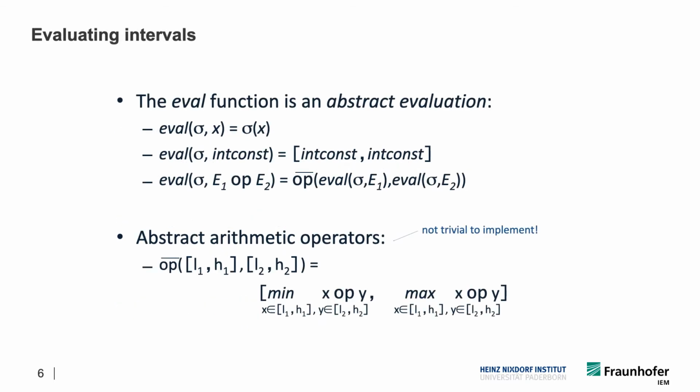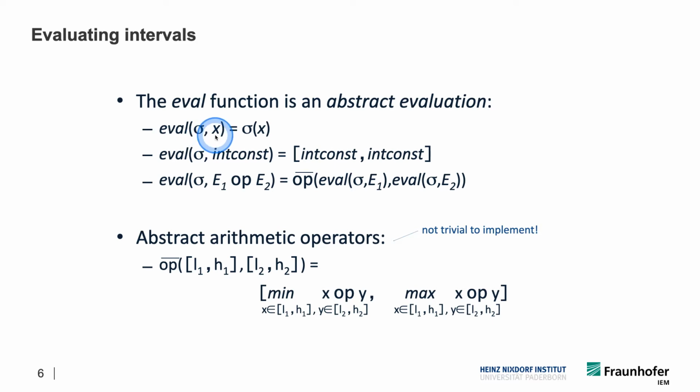And this eval function that I just showed you is an abstract evaluation. For instance, you can define it as follows. Here, sigma is an environment, a mapping from variables to abstract integer values that we are carrying around.